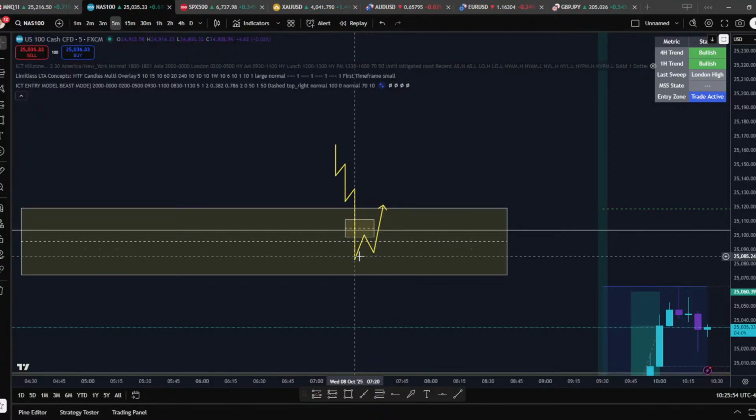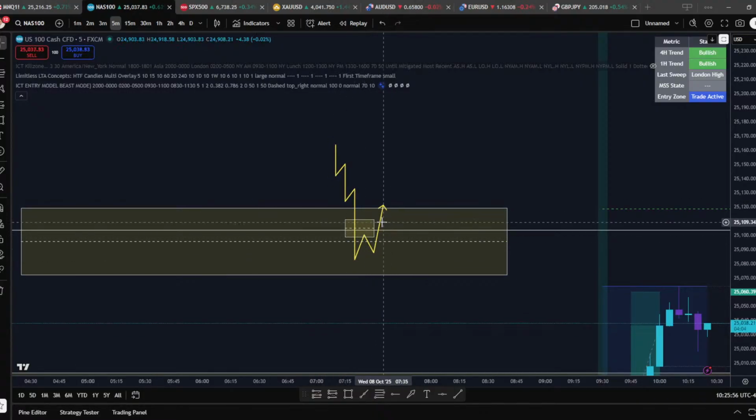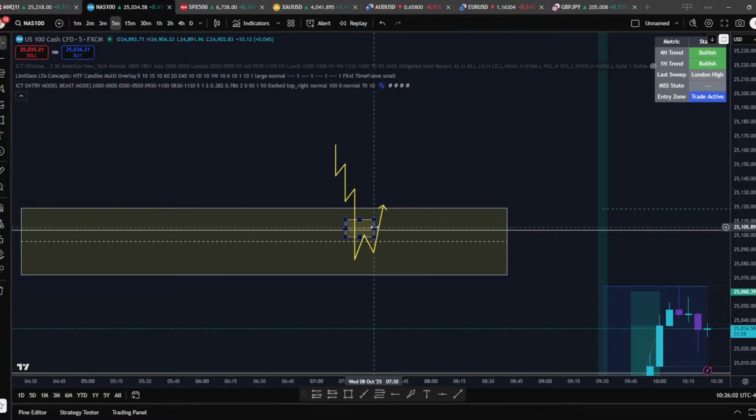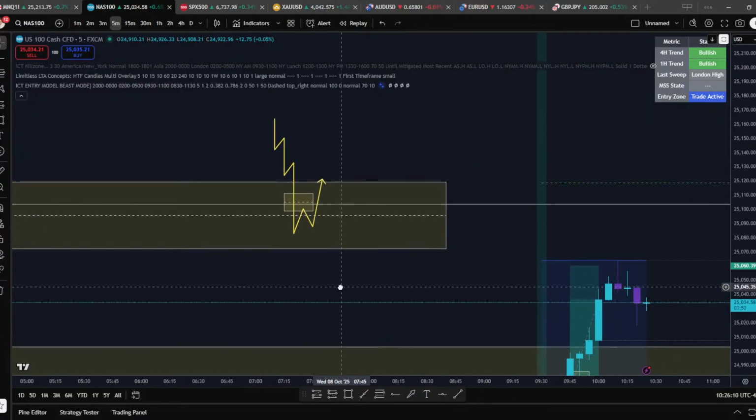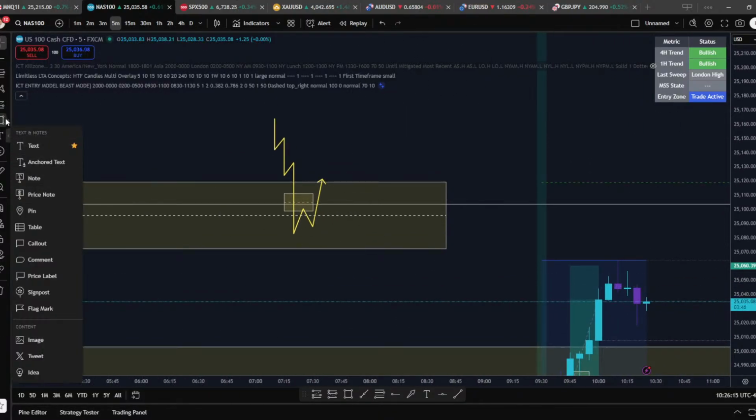As long as ES also starts to move in that direction and inverses its fair value gap that's on ES as well. To make it A++ is that if ES, this is ES, right?